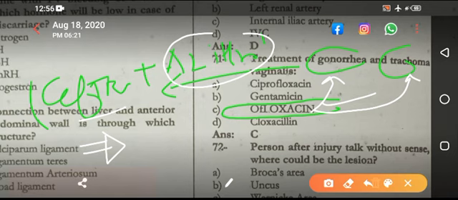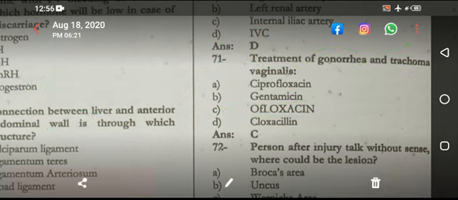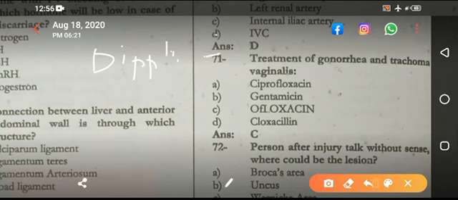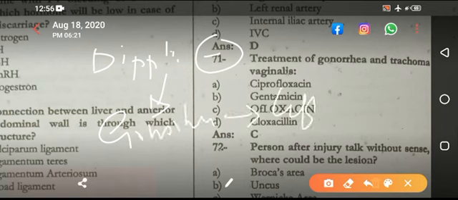Well, there is another MCQ. A female is having discharge, and on gram stain there are gram-negative diplococci. What is the organism responsible for it? Neisseria gonorrhoeae. What is the treatment? Ceftriaxone. If that is not in the option, then cefixime.